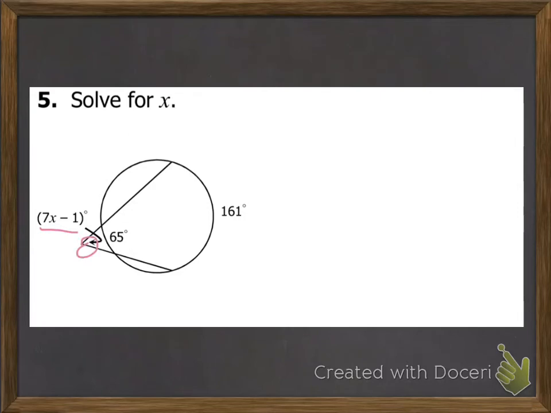They also gave us the two arcs. They went ahead and gave it to us off the bat. So the little one is 65, and the big one is 161. Now remember, whenever you're trying to solve for x in this case, the angle, so let's do this, the measure of the angle is going to be equal to 1/2 times the big arc minus the small arc.